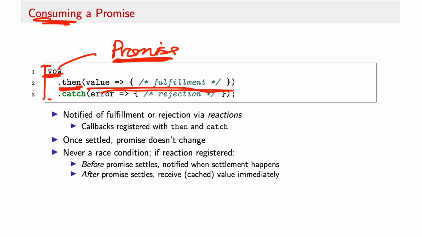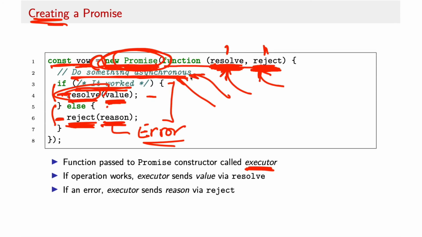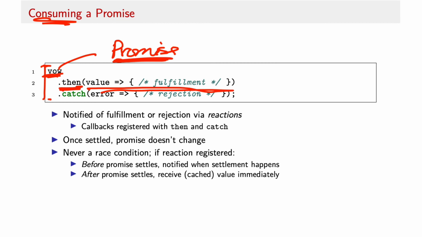That's exactly the same thing as your code being passed as a callback in the callback paradigm. You triggered this asynchronous operation by calling .then. Behind the scenes, that asynchronous operation was executed, and you checked to see that it worked properly and called resolve. That call to resolve tells the promise, hey, go ahead and run the code associated with a .then method, and it's going to run this code.